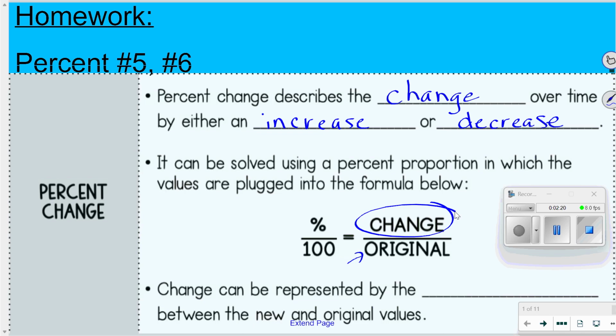Change can be represented by the, how do you think we find that change? Since I just told you. No. How do I find the change in price? Subtraction. What's the math term for that? Peyton? Decrease?